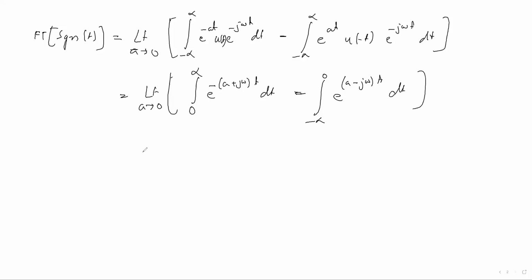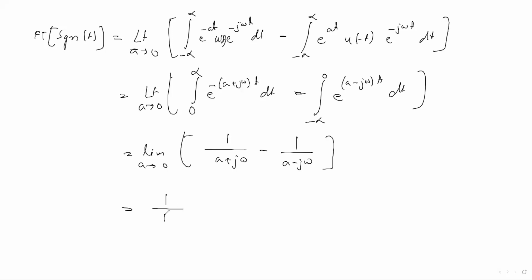When you take the integration and put in the limit, you will find the first one is 1 by (a plus j omega), and the second is 1 by (a minus j omega). Now put the limit a tends to 0.